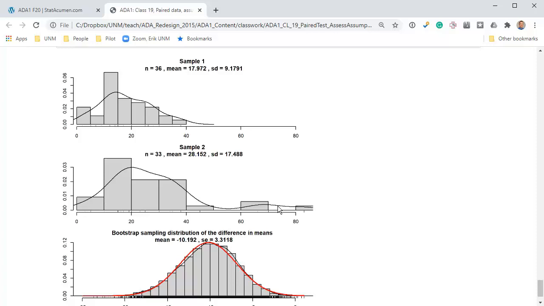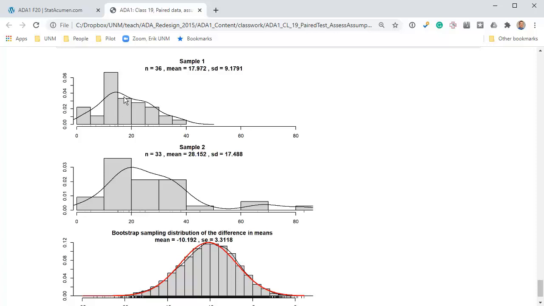And now the bootstrap sampling distribution is of the difference in means. The way the function works is we draw a resample of size 36 from these observations. So about a third of the observations are going to be left out of that resample, and other values will appear more than once in each sample.